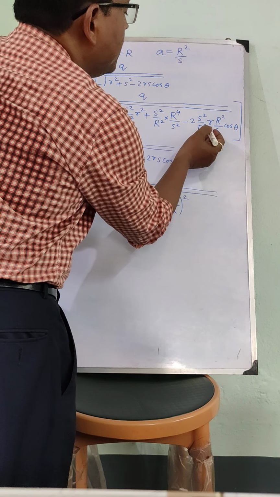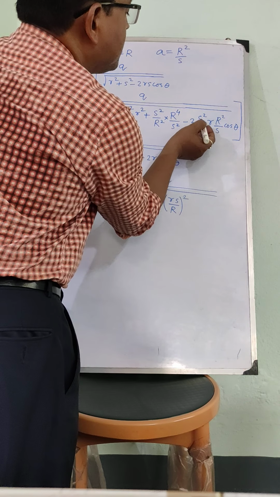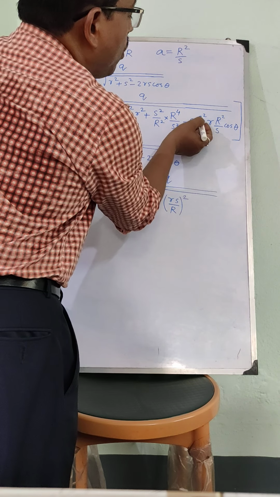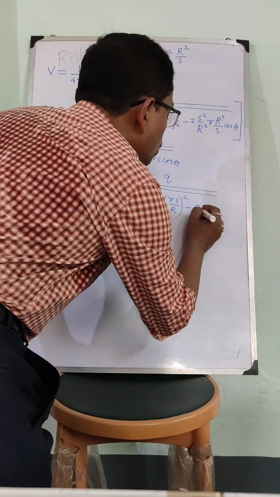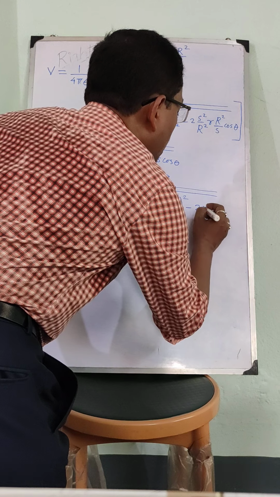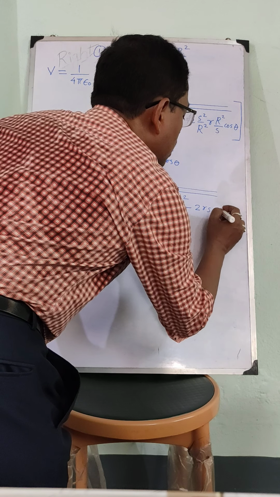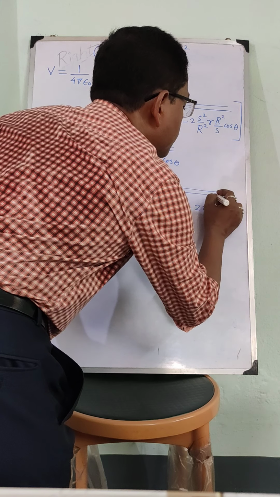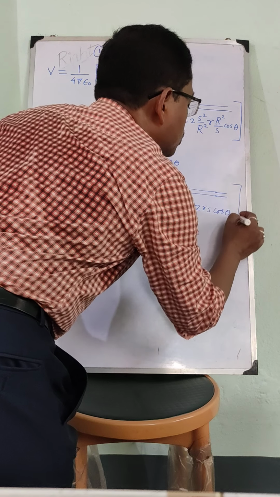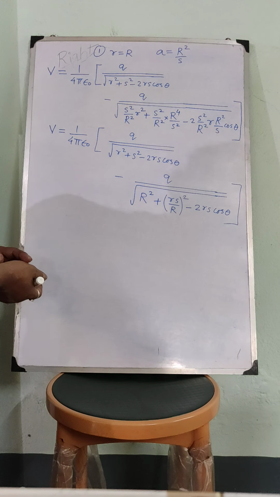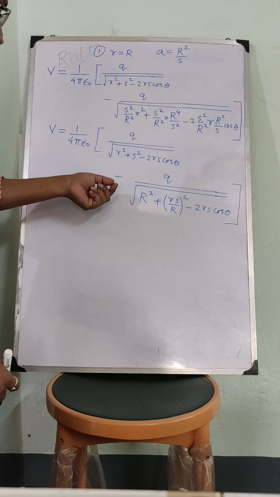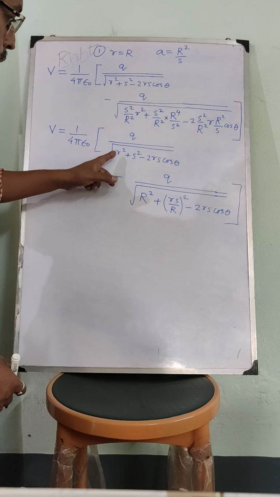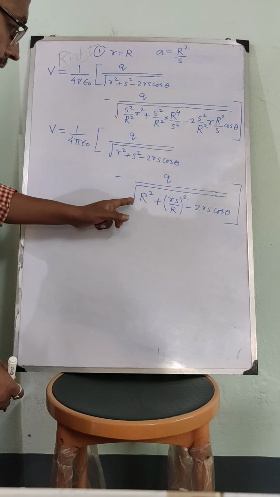Okay, and r square cancels, one s from here cancels. So we will have minus 2rs cos theta.